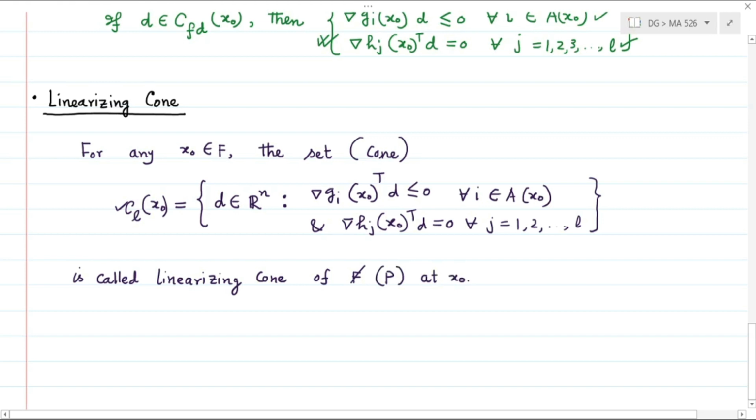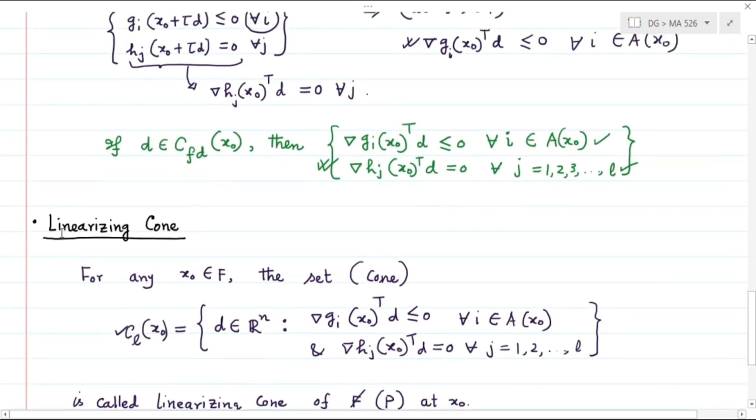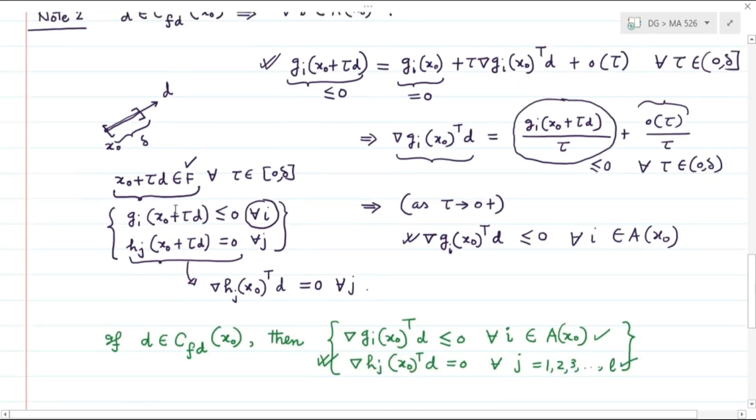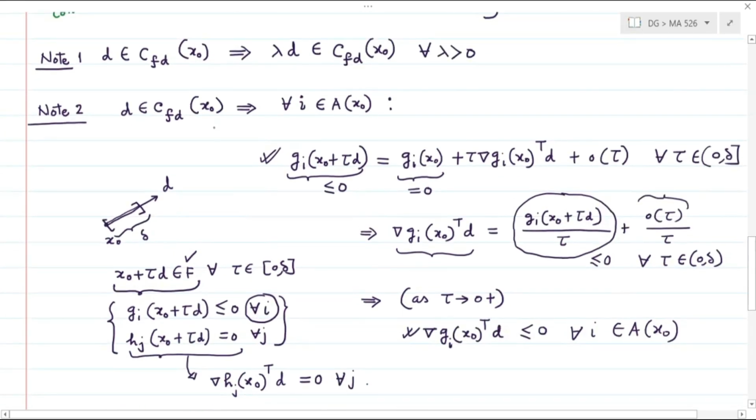Fine. Well, let me now mention a very trivial but important fact: when I was trying to introduce the idea of the linearizing cone, I started the discussion by taking a d from CFD, right?